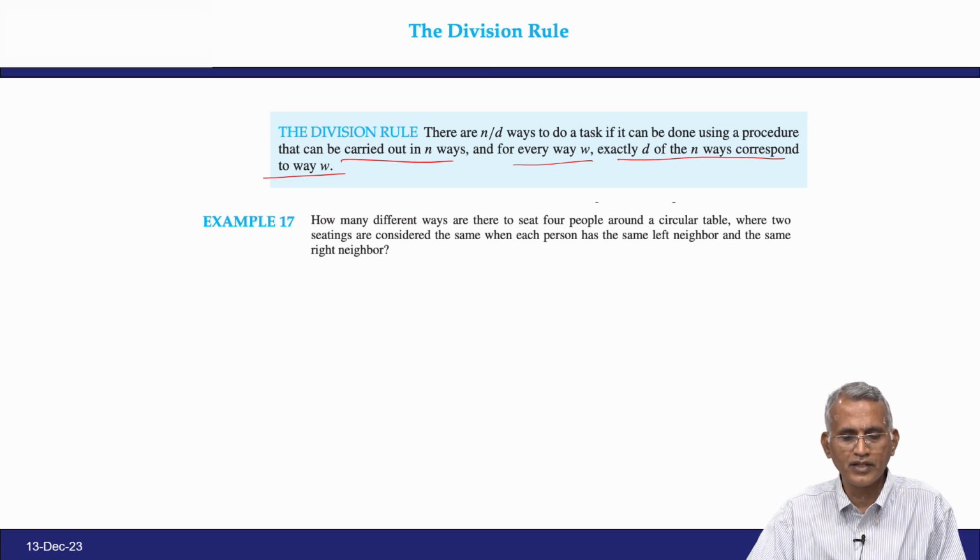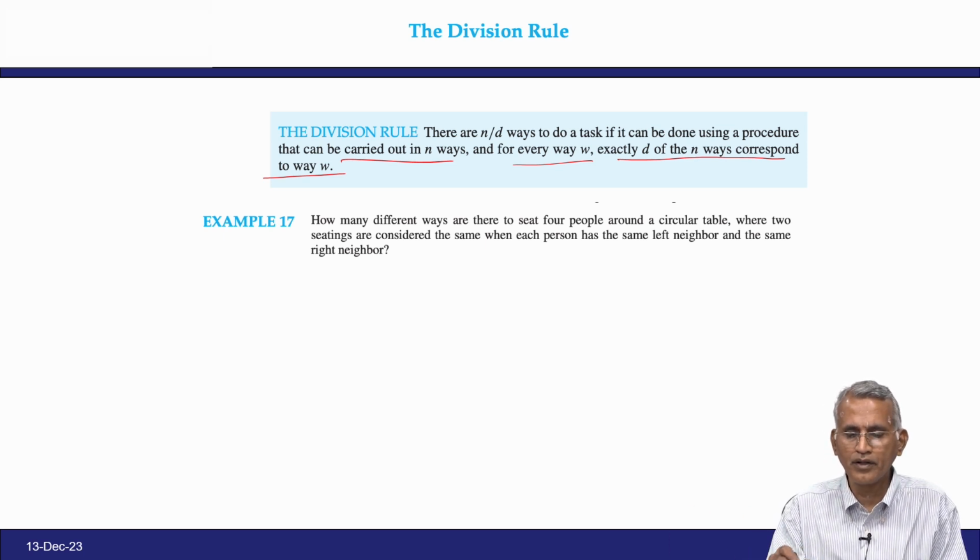How many different ways are there to seat 4 people around a circular table, where 2 seatings are considered the same when each person has the same left neighbor and the same right neighbor?